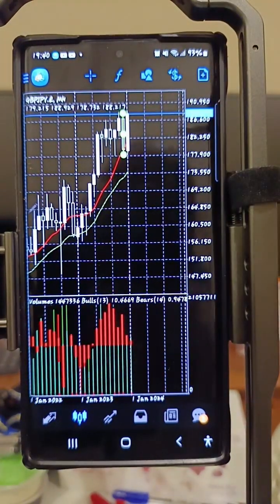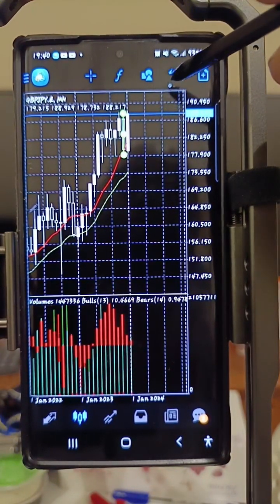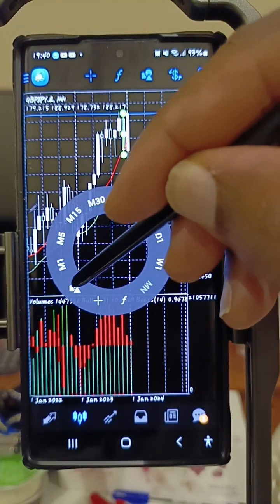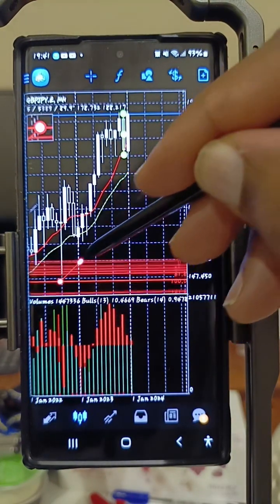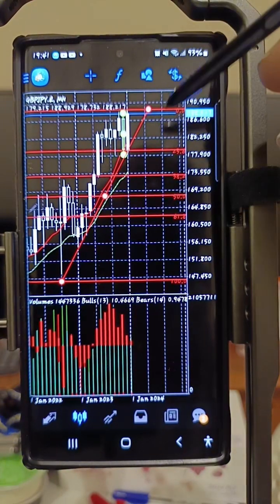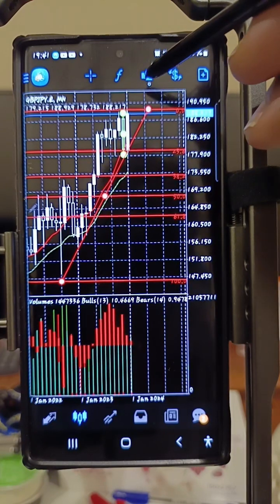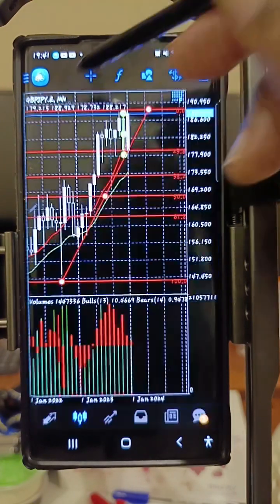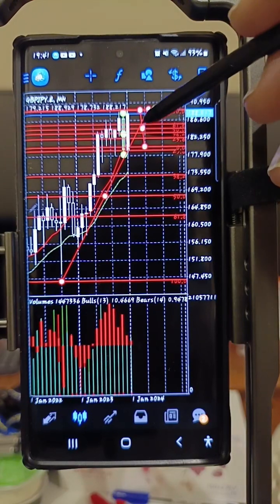So again, I go to the low point and the high point of this, and I will deliberately do another fib between 0 and 23 here.